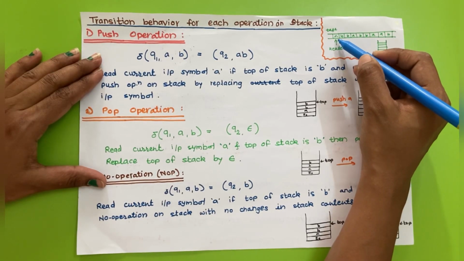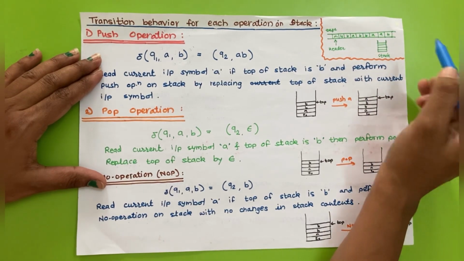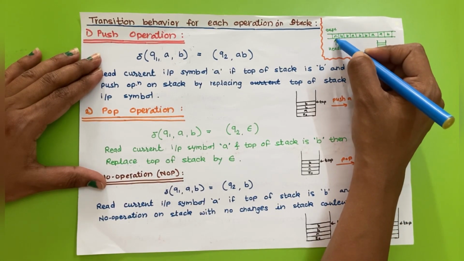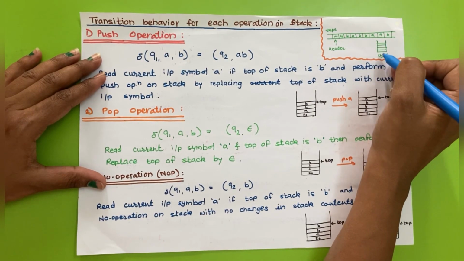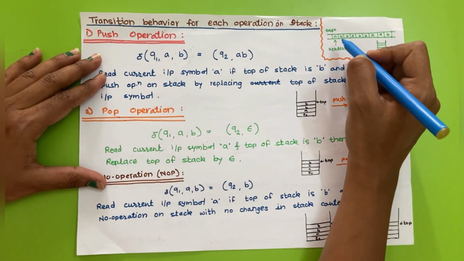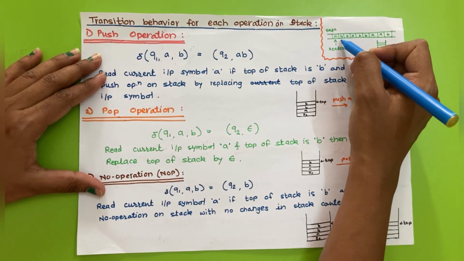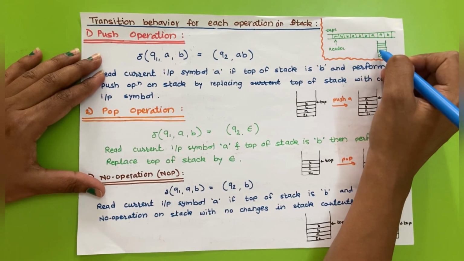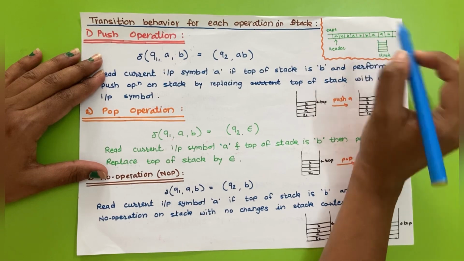For reading a single symbol on the input tape, we have to perform 3 steps in PDAs. First we read the symbol, then we perform an operation on the stack, that is push or pop or no operation on stack. Then we move to the right on the input tape by one cell. So while reading a single symbol on the input tape, in case of PDA we have to perform 3 steps.